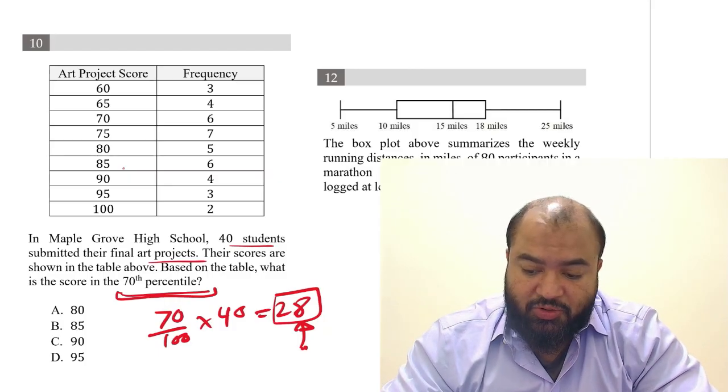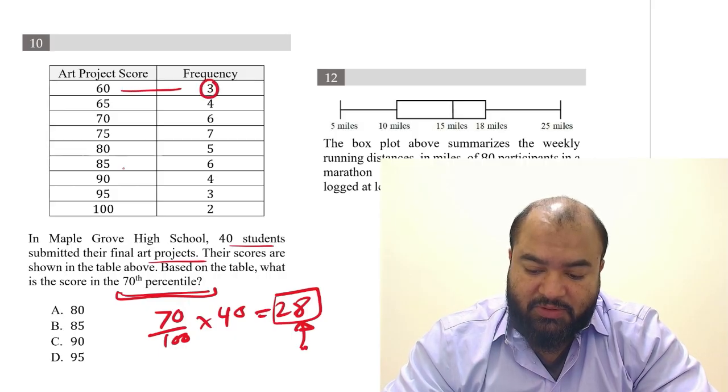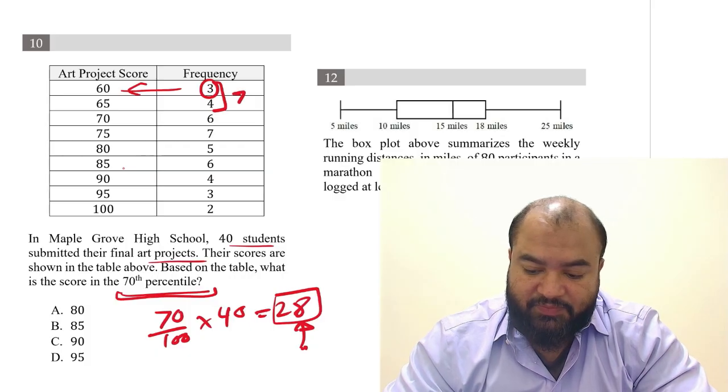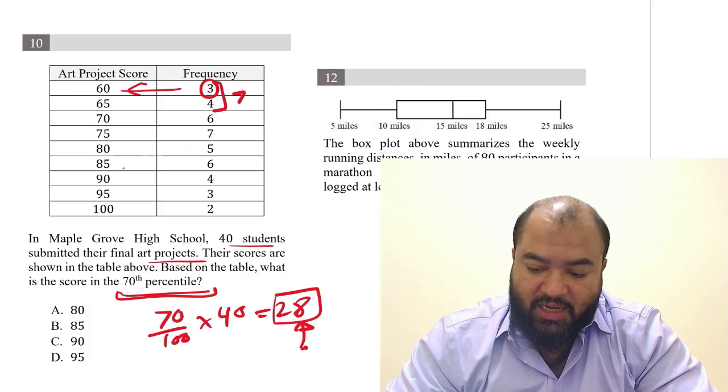Now let's do cumulative frequency. The first 3 people are in 60. So 3 plus 4, that's 7 people in 65s. And if I do 6 more, 7 plus 6 is 13 people here. Still I didn't get to the 28th. So 13 plus 7 is 20.